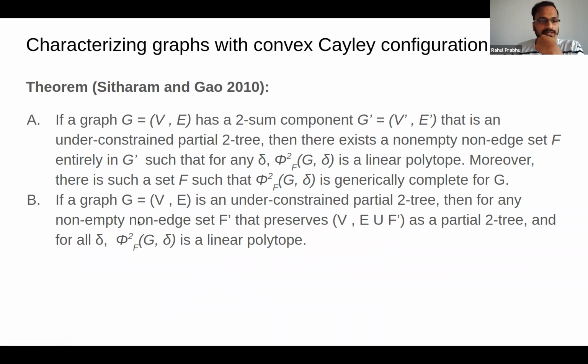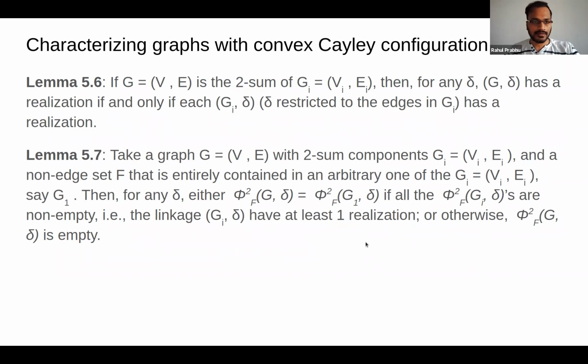Let's go back to B here. So we prove B now. Here it's saying that if the graph is an under constraint partial two tree, then for any non-empty non-edge set F that preserves the partial two treeness, the configuration space is a linear polytope.